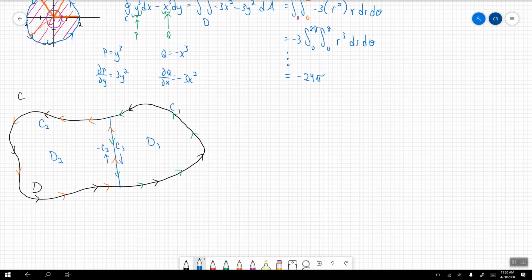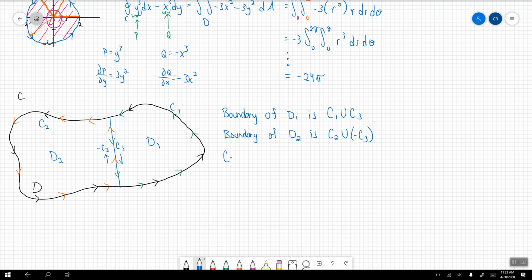So I'm going to start listing what I have over here. The boundary of D1 is C1 union C3. The boundary of D2 is C2 union the negative traversing of curve 3.